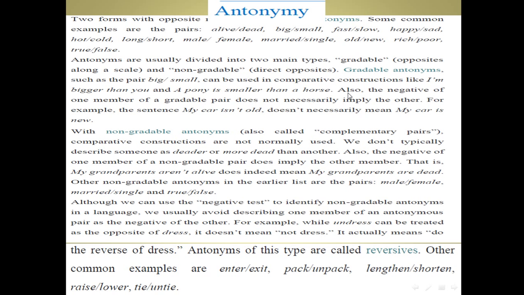Also, the negative of one member of a gradable pair doesn't necessarily imply the other. For example, the sentence "my car isn't old" doesn't necessarily mean my car is new. It's not old, but it can be quite new.